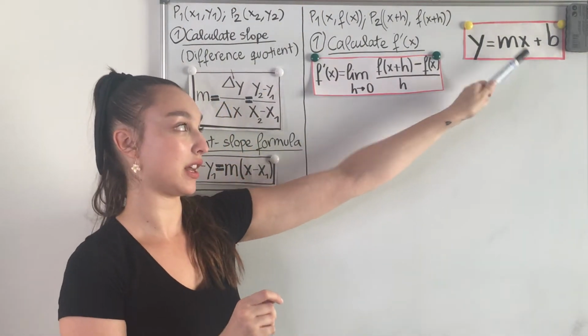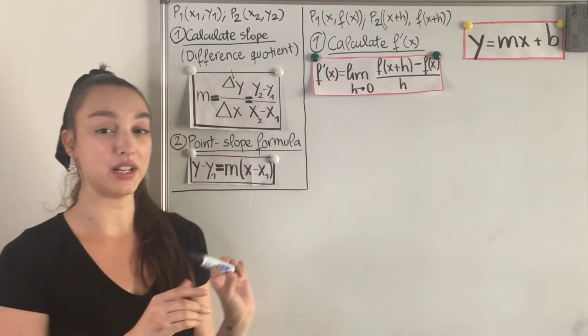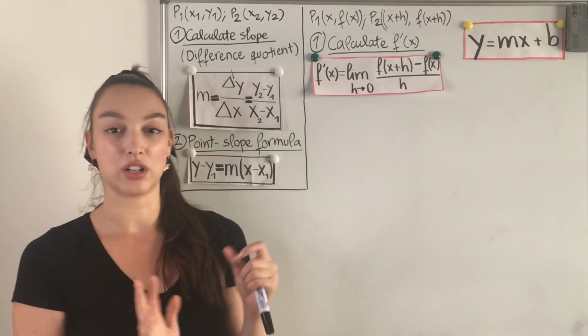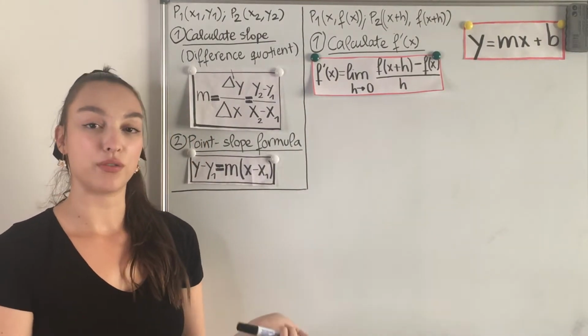So we keep y and x as variables, but apart from the slope, we also need to calculate the y-intercept. And that's what we're going to do today. We're going to calculate the entire general equation of the tangent line to our function in one point.